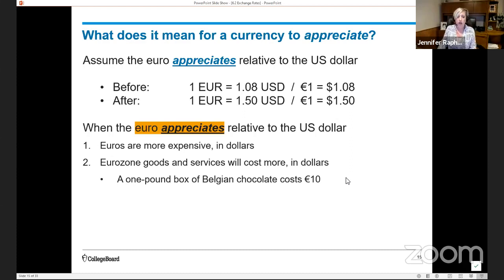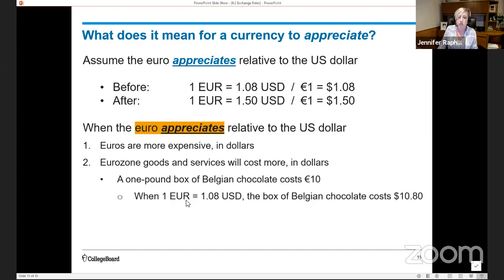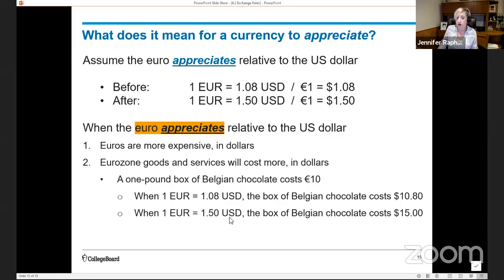So let's look at a concrete example. Let's say that a 1 pound box of Belgian chocolate costs 10 euros. Well, when the exchange rate is 1 euro for 1.08 US dollars, that box of Belgian chocolate costs an American consumer $10.80. When 1 euro costs 1.5 US dollars, however, that same box of Belgian chocolates now costs $15. This is an increase in the relative price of the box of chocolate.